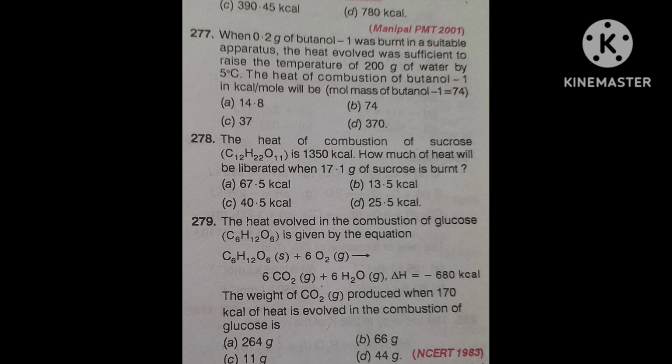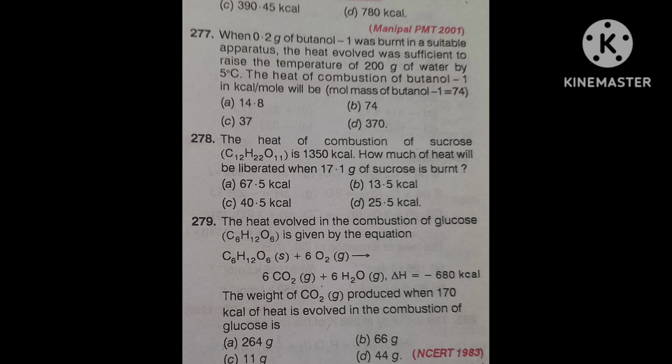The equation is C6H12O6 solid plus 6O2 gas. It is giving 3 products: first 6CO2, second 6H2O, and third, heat. Delta H is equal to minus 680 kilocalorie. This reaction is given.